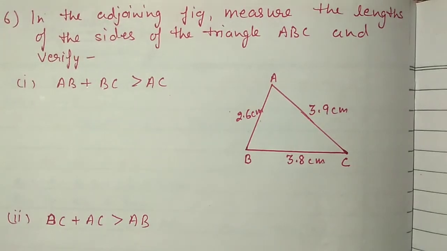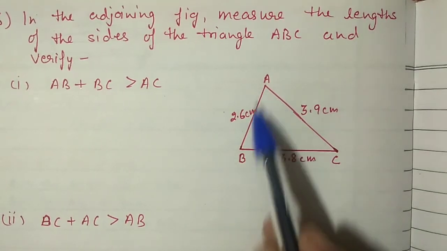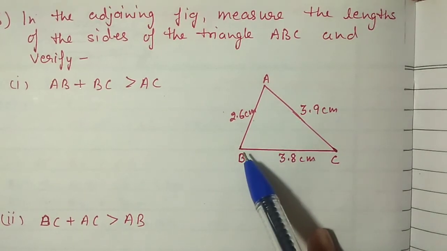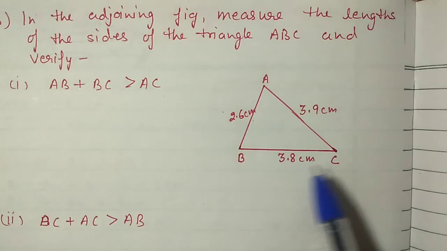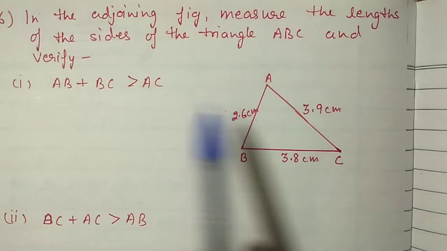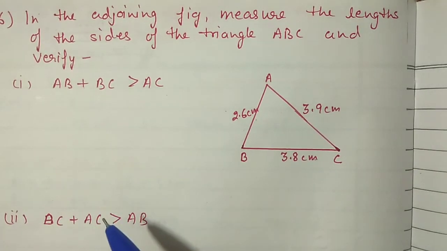Next, question number 6. In the adjoining figure, measure the length of the sides of the triangle ABC and verify this. So already I have measured these sides from your book. This AB is coming 2.6, BC is 3.8 and AC is 3.9. Now these values we have to substitute here and we have to verify these in equations.